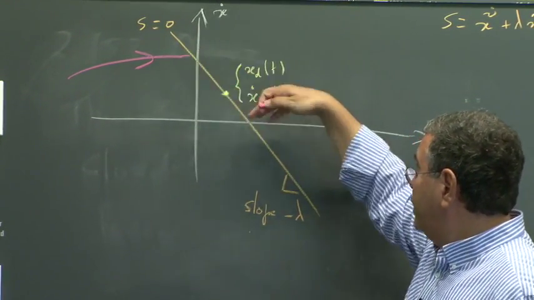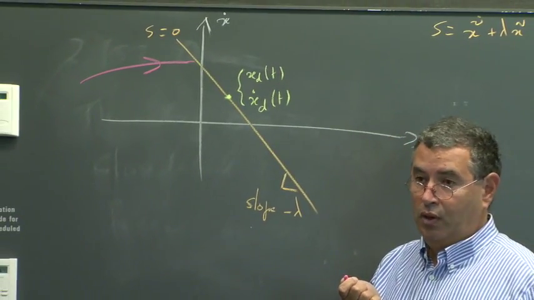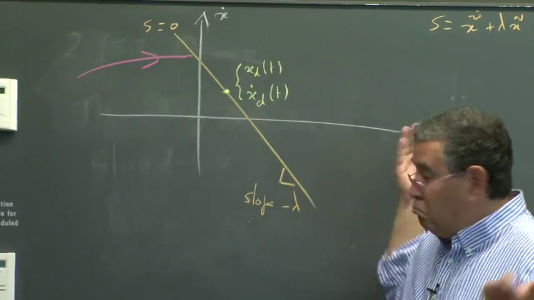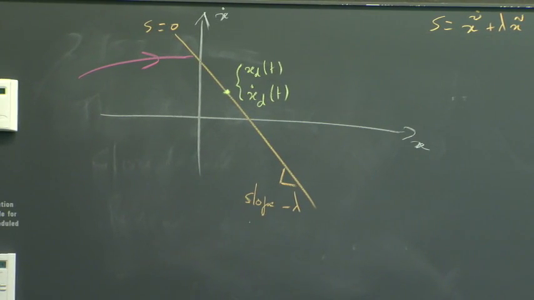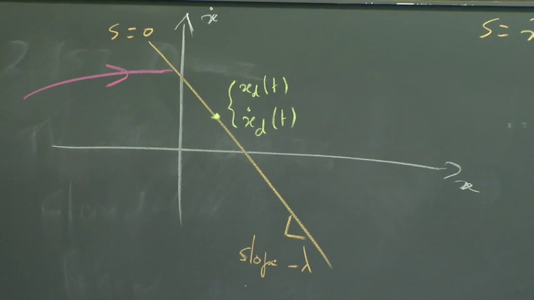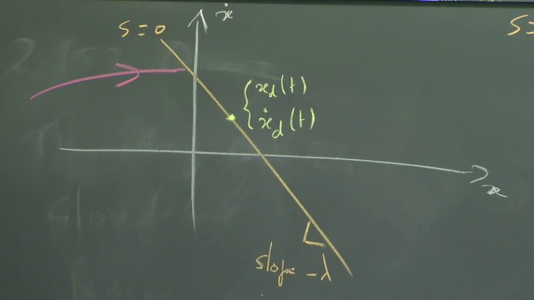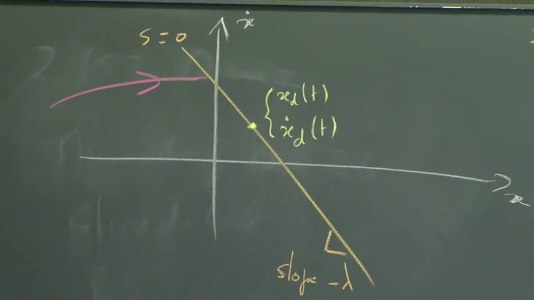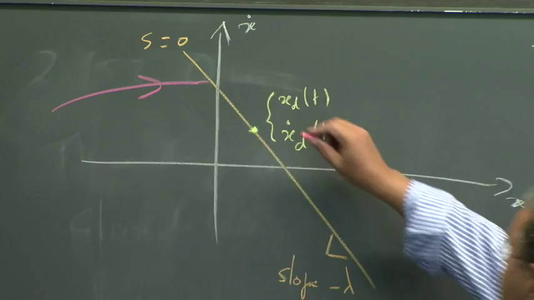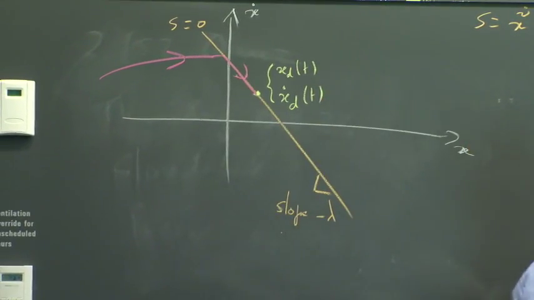So you reach it in finite time, and somehow you know that once you're in there, you stay there. What happens? Well, once you're in there, of course, you stay along this line, but it means you verify the differential equation x tilde dot plus lambda x tilde equals 0. So once you're in there, you're going to actually slide along this plane all the way to xd.